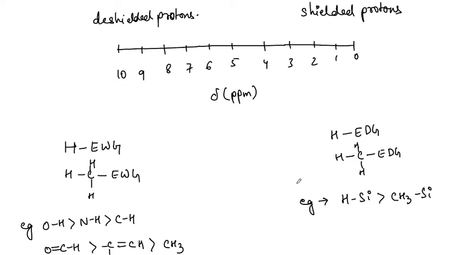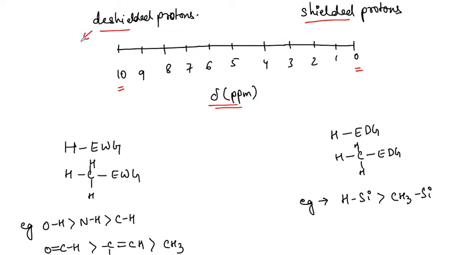In the previous video we talked about the delta scale. This is our delta scale, and we have seen that it goes from 0 to 10 for proton NMR. Now we had already discussed what shielded protons and de-shielded protons are.